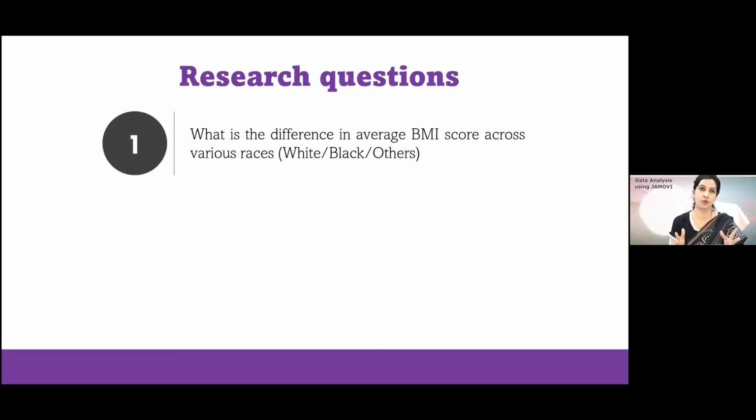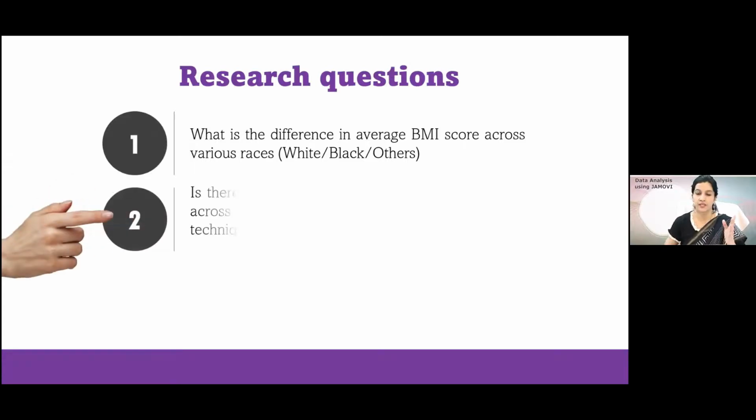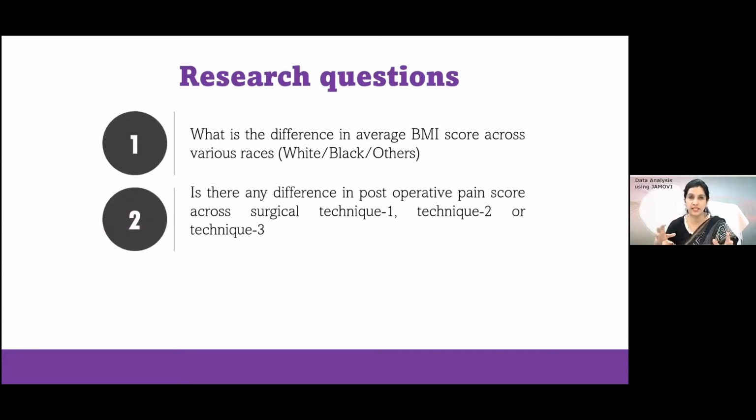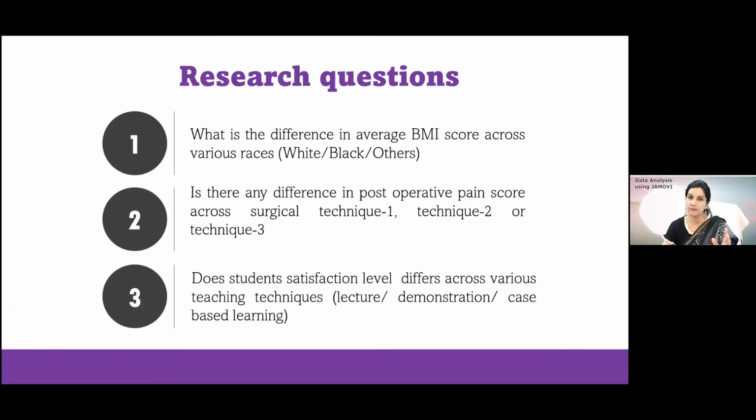So if I want to compare the difference in the mean BMI score across the three levels, maybe black, white and others, or is there any difference in the post-operative pain score across surgical technique 1, 2 and surgical technique 3, or does student satisfaction level differ across the various teaching techniques, and the three teaching techniques are lecture, demonstration and case-based learning.